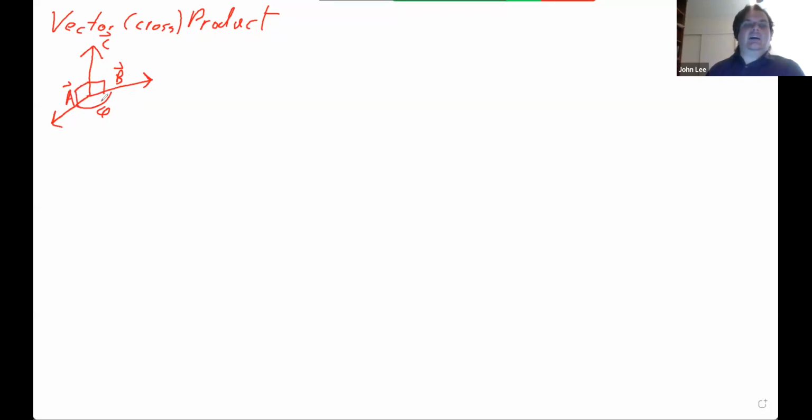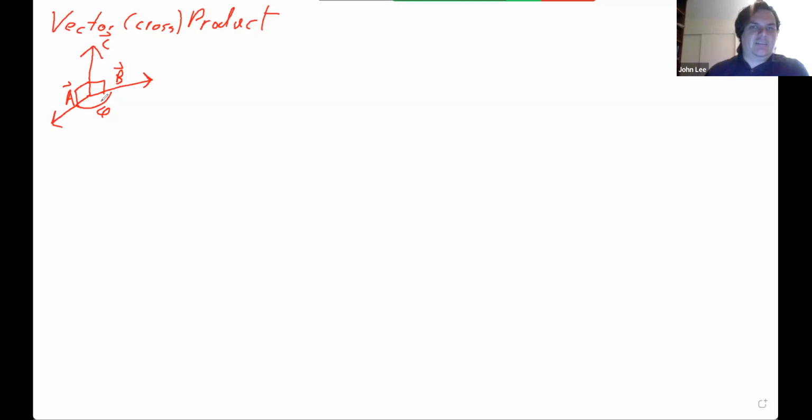So if A and B are in the XY plane, it doesn't matter if they're pointing in the X direction or the Y direction or just any direction like that, then A cross B is going to be pointing in the Z direction.